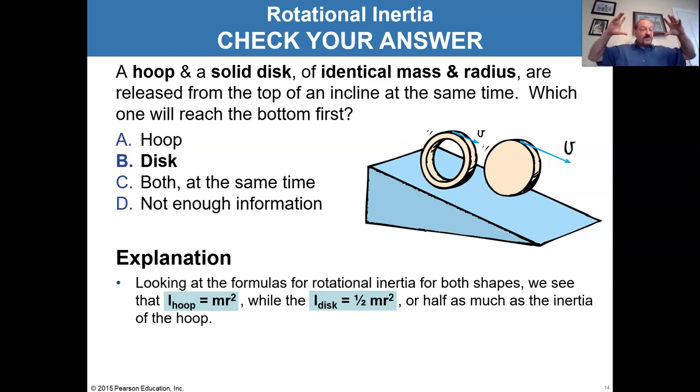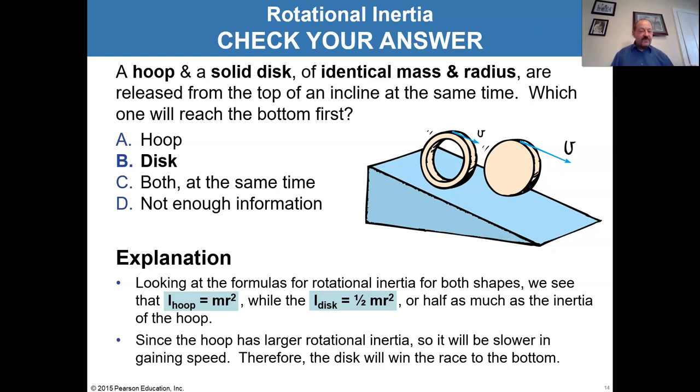Hoop, all the mass is spread out, harder to spin it. The disk, some is in the middle, some is far out. And as a result, because the hoop has a larger inertia, it's harder to gain speed. It takes more force to get it up to the same velocity as the disk. So the disk will win the race.